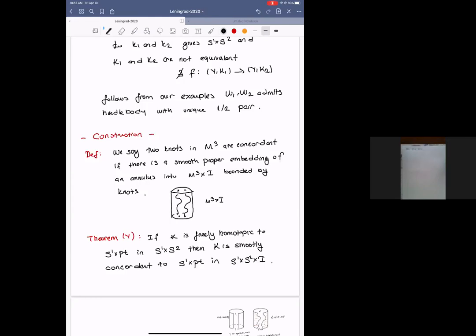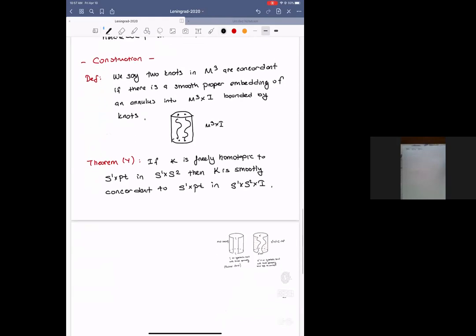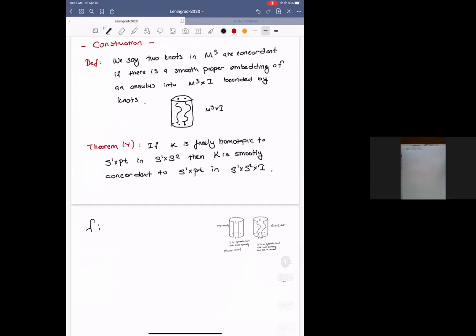So what is wrong with that proof? You have some F from, yes. F0 is K, F1 is S1 cross point, right? And you're saying to look at this Ft, but then you have many sub-intersections, many double points, right?